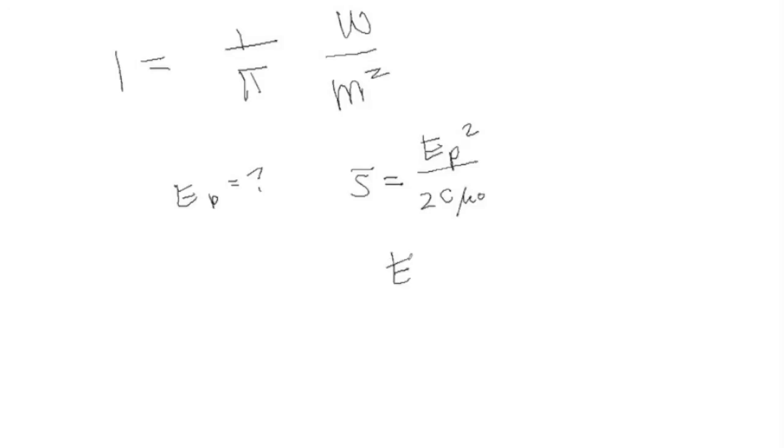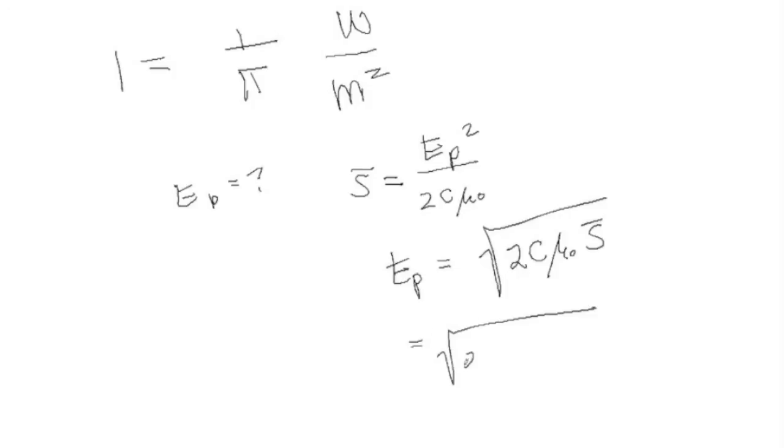So EP would be the square root of 2C mu naught S bar, which is the square root of 2 times 3 times 10 to the 8 times mu naught. That would be given to you on the test. And then times 1 over pi, which we figured out from when we did the problem before.